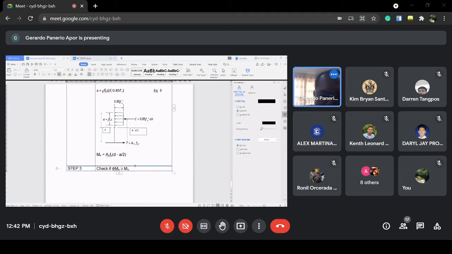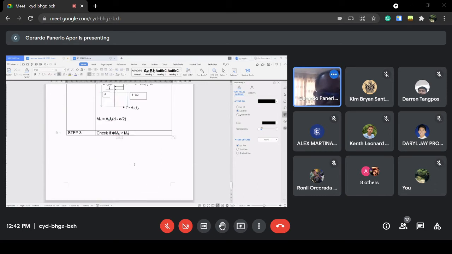So, if you find out that it is okay, then the section is safe.